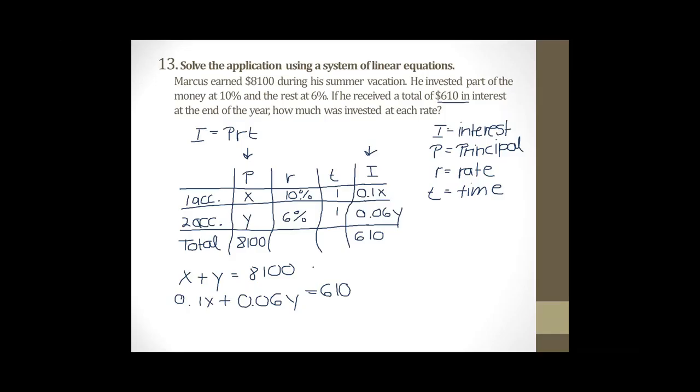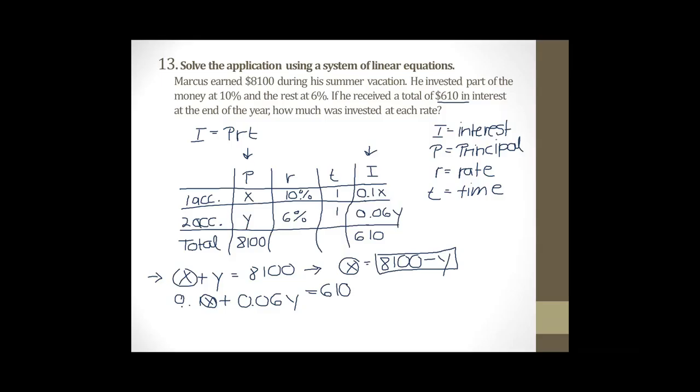So I'm going to solve this first equation for x. So moving y over to the other side, I would get x is equal to 8,100 minus y. And now I take this equation and I'm going to substitute it into the second equation for x.